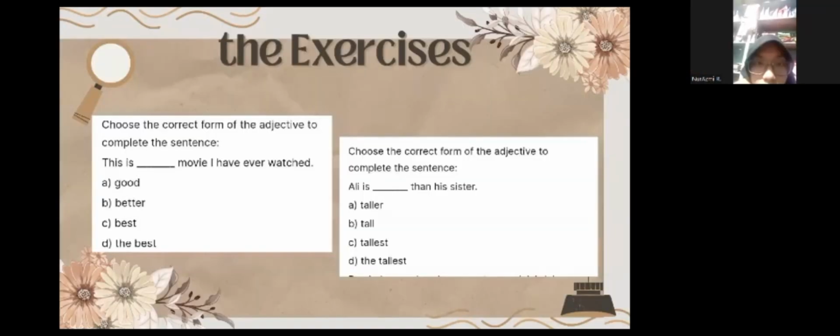Choose the correct form of the adjective to complete the sentence. This blank movie is the movie I have ever watched. The answer is D, the best. The reason is because of the words I have ever watched, which means this is a superlative degree of comparison.